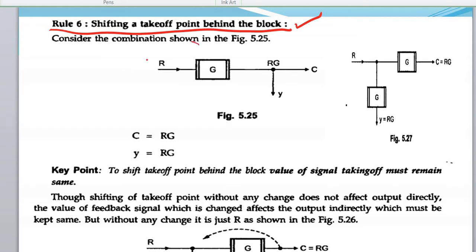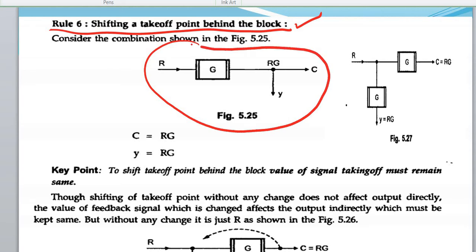Consider the block diagram shown in figure 5.25. There is this input R, a block G, and then this output C. There is a takeoff point here. Takeoff point means it takes the signal. So what is the signal here? RG. That RG is taken here also, and that is the output also.